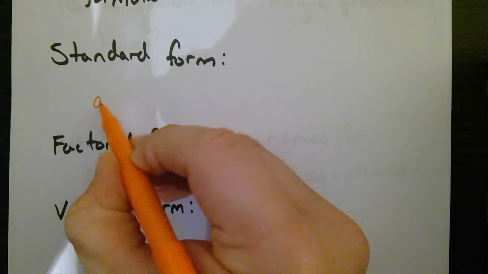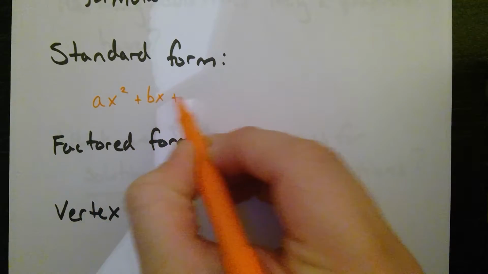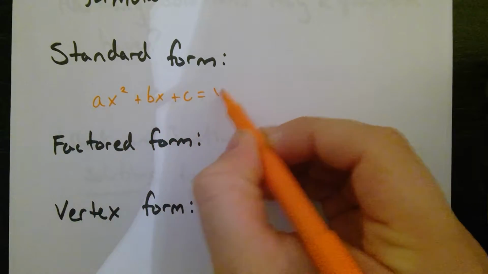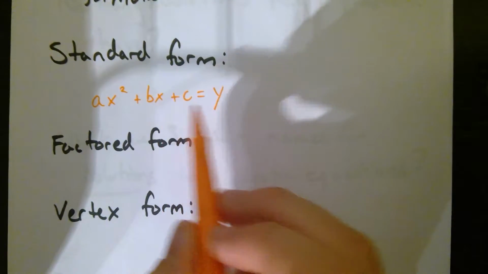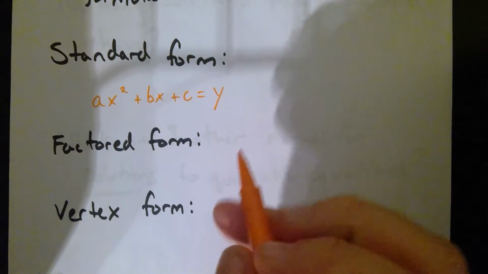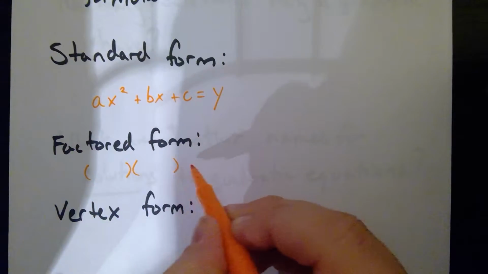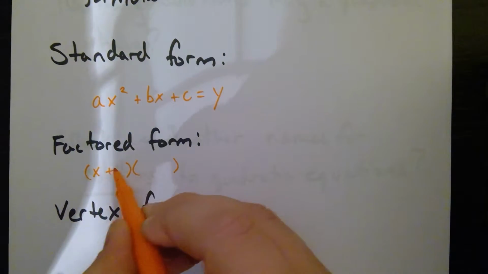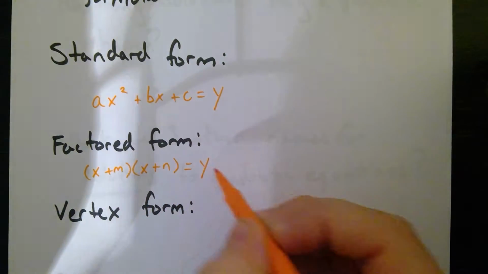Standard form, we have ax squared plus bx plus c equals y. Remember, this is just our basic form. We have x squared, x, and a number, and that equals y. Factored form is where we have two groups or factors multiplied by each other. So we have (x plus m)(x plus n) equals y.